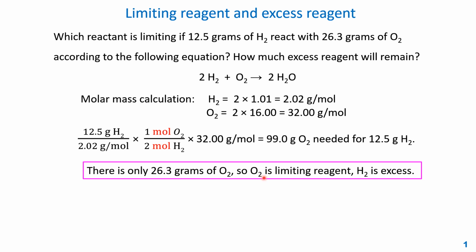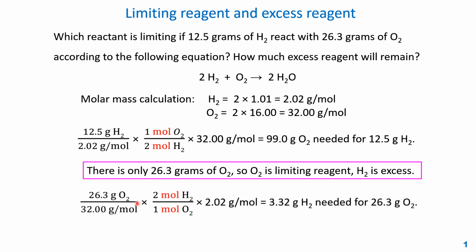So oxygen is the limiting reagent. That means oxygen is not enough, so hydrogen is in excess. When we do the real calculation, we need to use the limiting reagent to do the calculation. Okay, the first step was just to figure out which one is the limiting reagent.